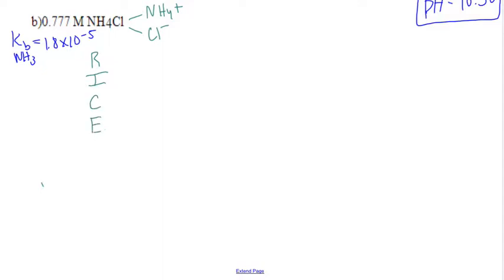We're going to take the ammonium and add water. So what are we going to do? Which way does the H have to go? Yeah, from the ammonium, because it's already positive, to the water. So we make H3O plus and NH3.